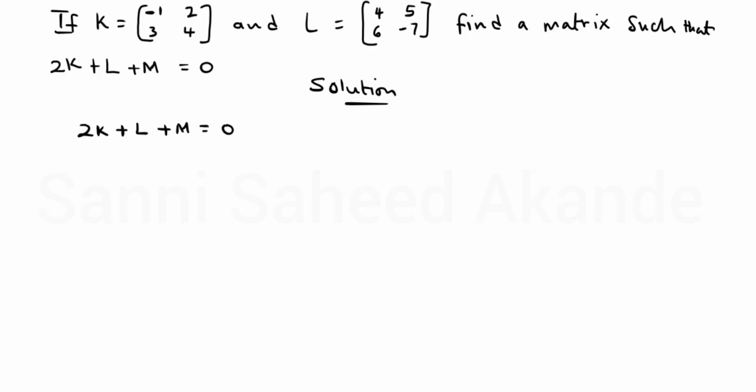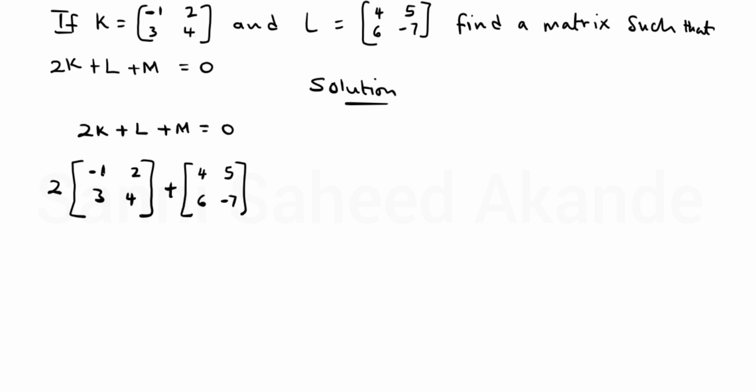So we have a coefficient here, which is 2 times K, and our K is given to be minus 1, 2, 3, and 4, then plus L, and L is given as 4, 5, 6, and minus 7, plus M equal to 0.